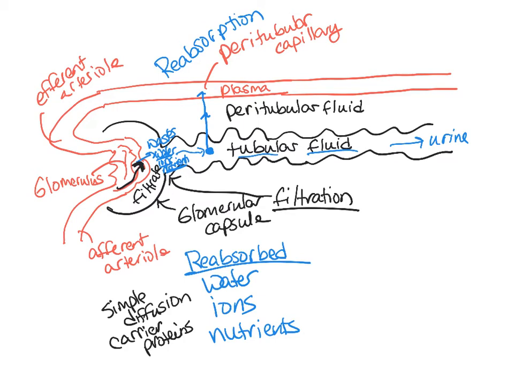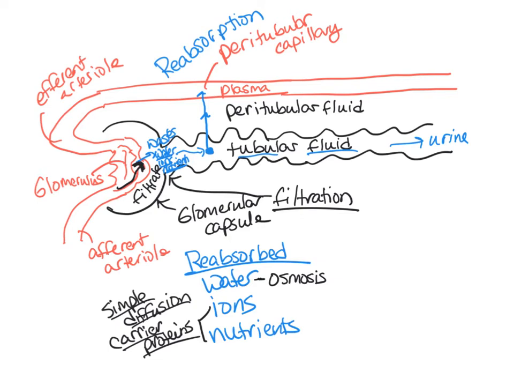Sometimes it is counter-transport, where they're transported in the opposite direction of ions. And then the substances will eventually lead into the blood, so they re-enter the blood. Water is going to be reabsorbed through osmosis. But these other things, ions and nutrients, will be reabsorbed through simple diffusion or carrier proteins.